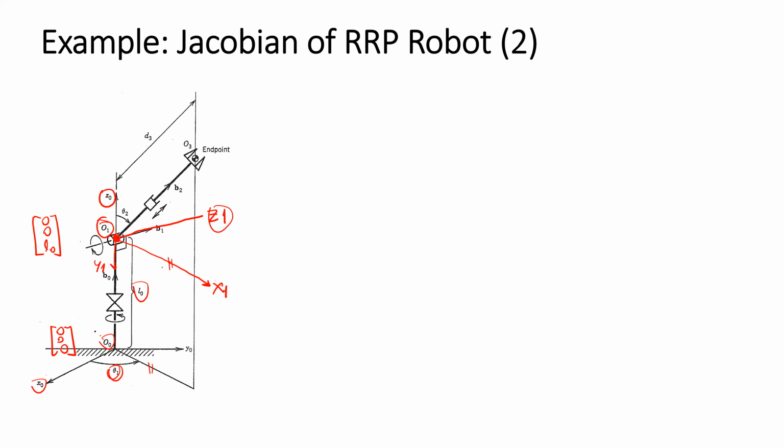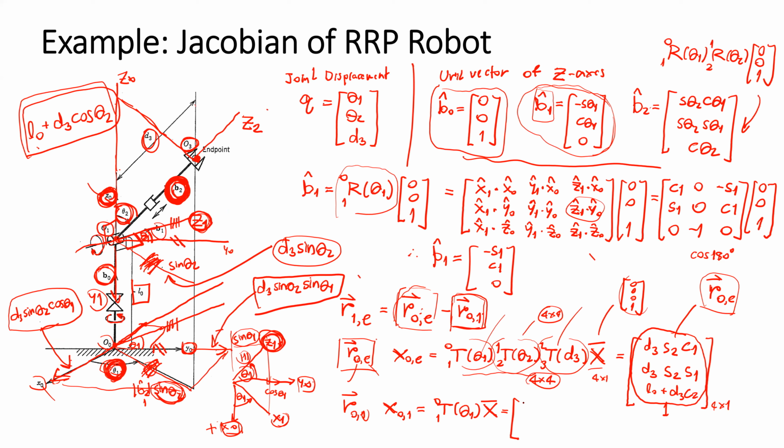So the relative position vector here is just 0, 0, and L0 in the Z direction. But using the X matrix, please don't forget to put 1 as the last component. But for the relative position vector, it's the first 3 components that we want.